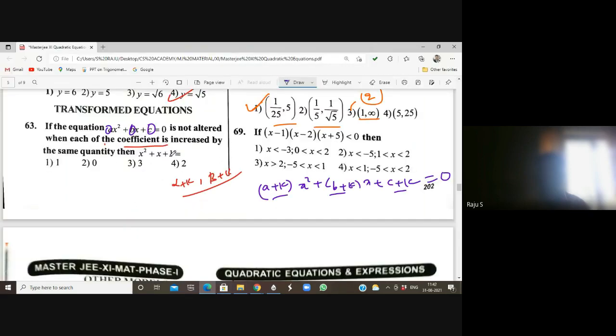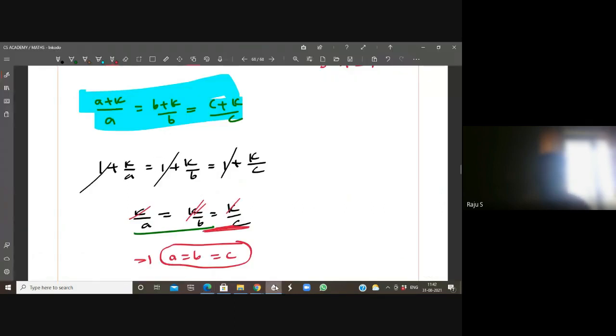Then substitute the a value, b value, c value. Equal means it may equal 1, it may equal 2, it may equal 3, whatever it is. So the given quadratic expression ax square plus bx plus c is equal to 0. When a, b, c are equal, shall I take a common? Because a is equal to b, a is equal to c.